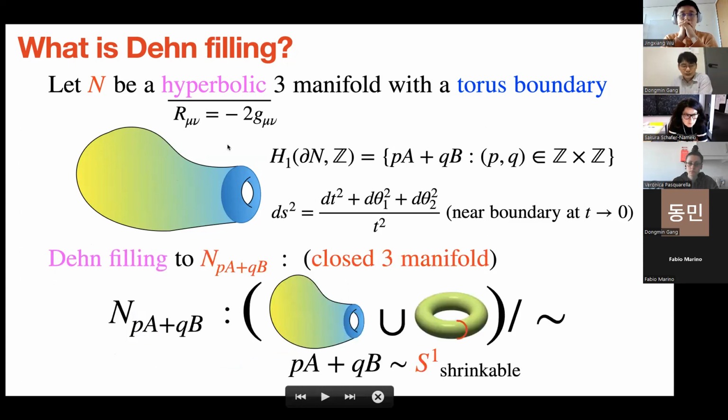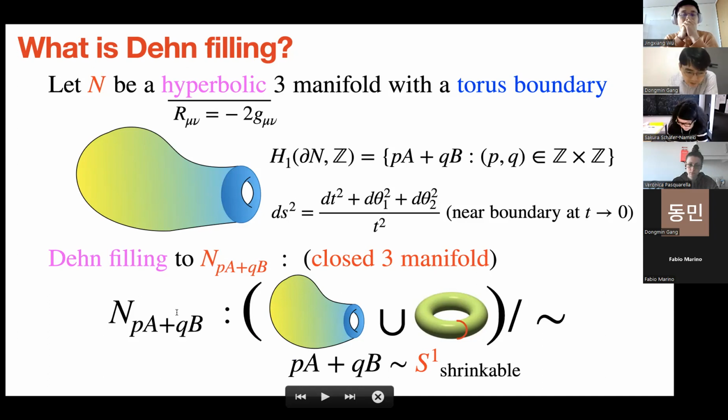And the Dehn filling procedure is a very well-known procedure. Starting from this one-cusped hyperbolic 3-manifold with a torus boundary, we obtain a closed manifold without any boundaries. I will denote this closed 3-manifold, obtained by Dehn filling of N with slope (P,Q), as N_(P,Q).